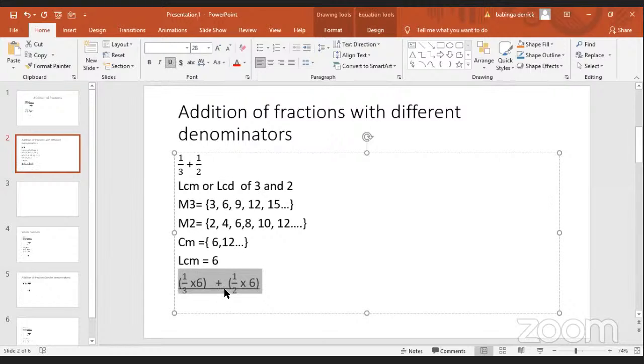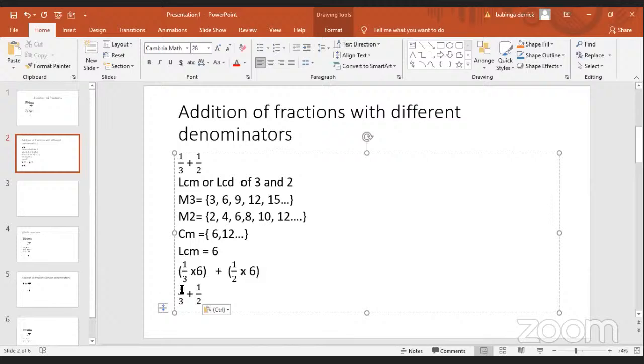So after doing all this, all the answers you get are always divided by the denominator. It is out of the denominator, and this is how best we can write it.